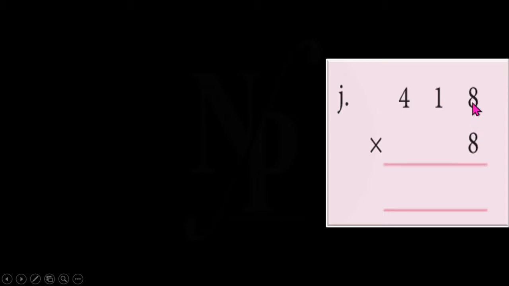So we multiply 8 by 8 first, which are in ones place. So 8 8s are 64. So we write 4 in ones place. 6 tens are carried forward. 8 ones are 8. 8 plus 6 is 14.